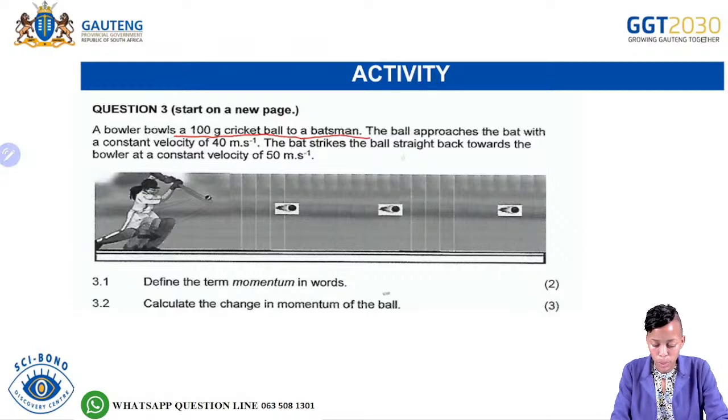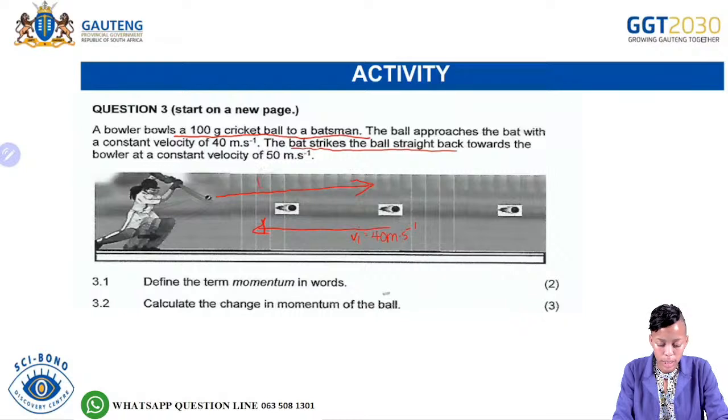So the ball is approaching the batsman with an initial velocity of 40 meters per second. And then the bat strikes the ball back towards the bowler at a velocity of 50 meters per second.